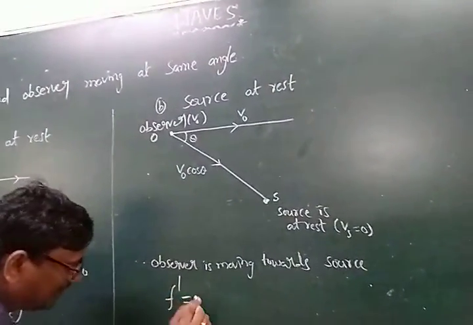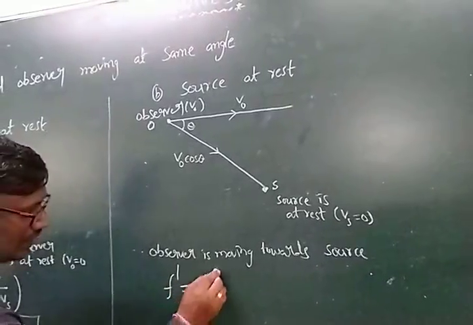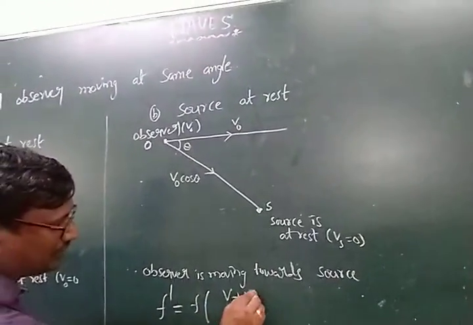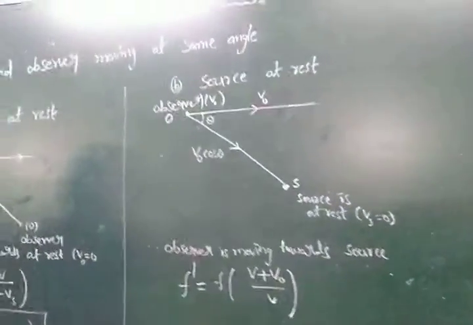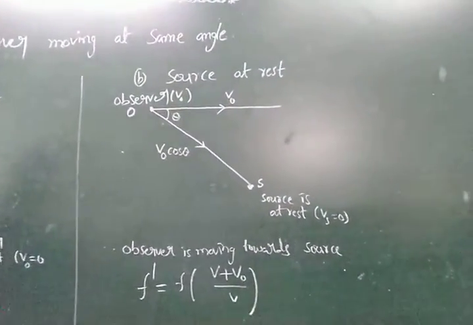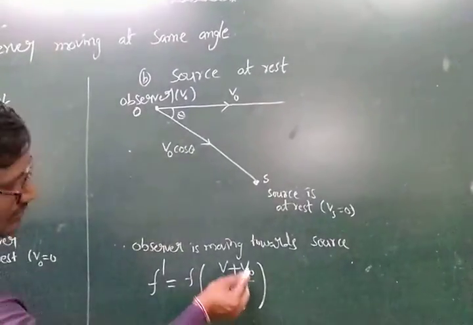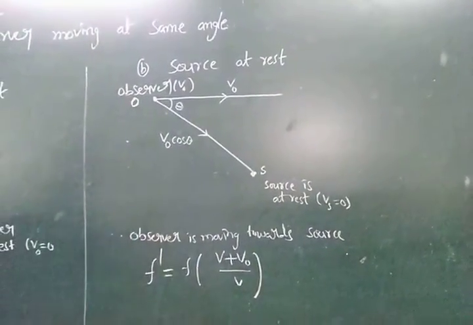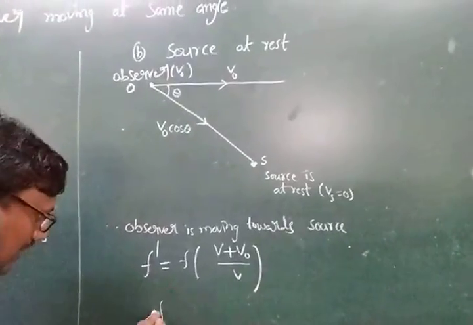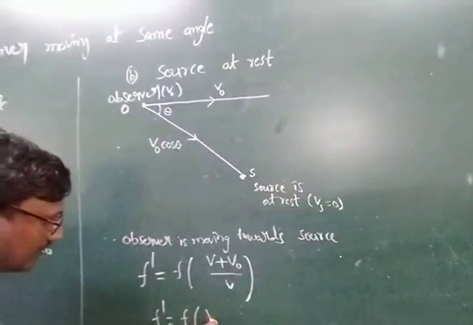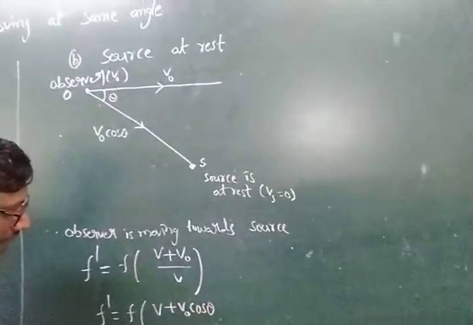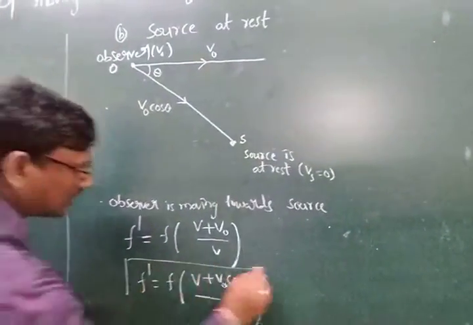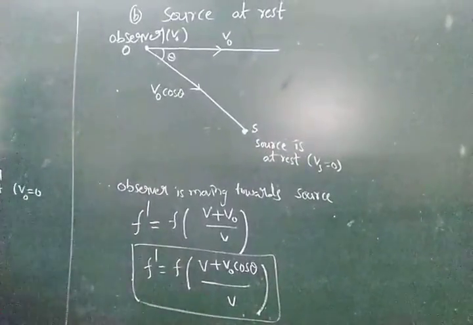The frequency F dash is equal to F into V plus V naught by V. But the component of V naught is V naught cos theta. Then we can substitute: F dash is equal to F into V plus V naught cos theta by V. This is the formula when moving at an angle.